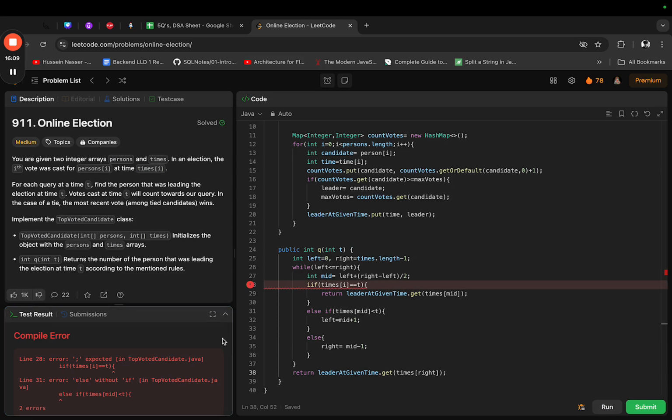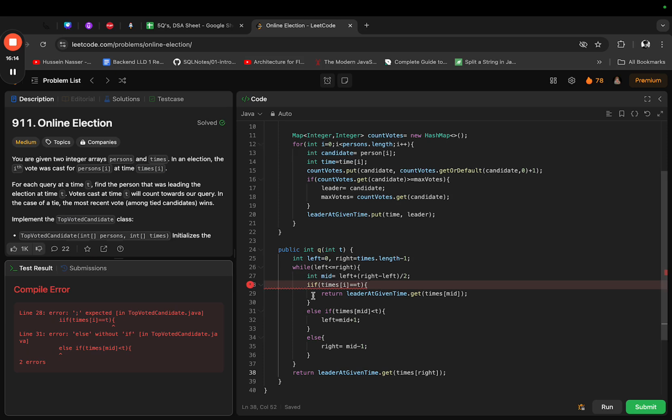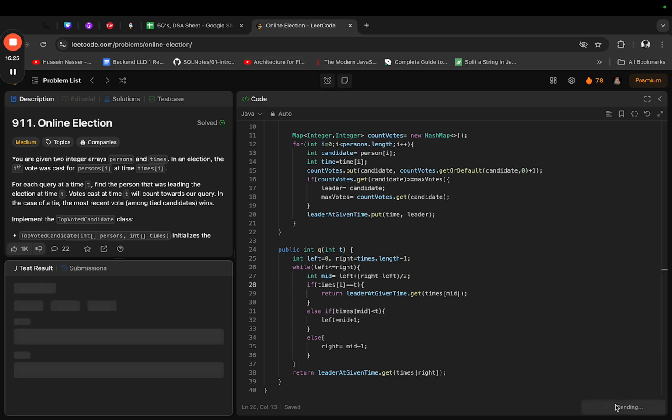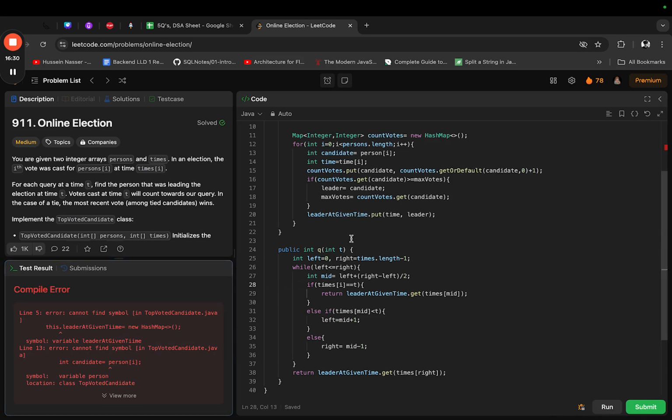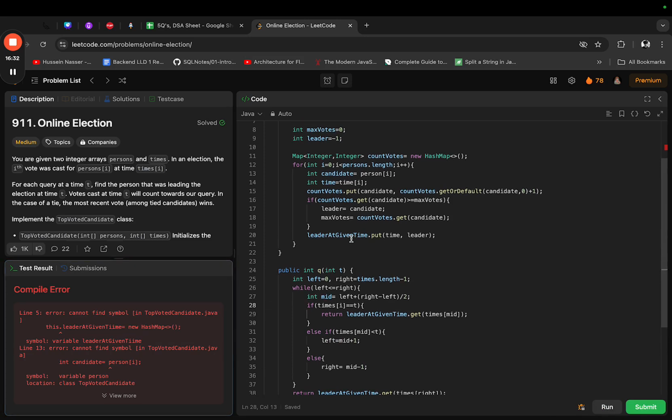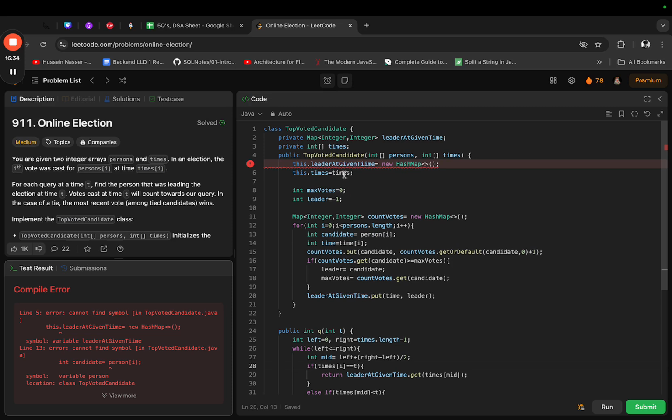Okay, let's understand where the error is. Okay, there is a spelling mistake here. Okay, there is an error here as well. This dot leader at a given time, cannot find symbol.